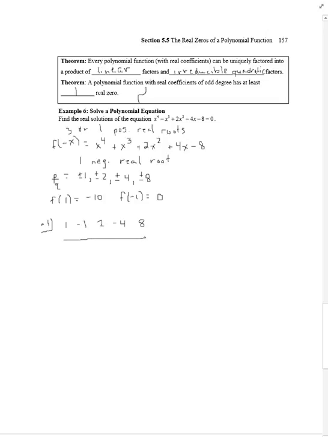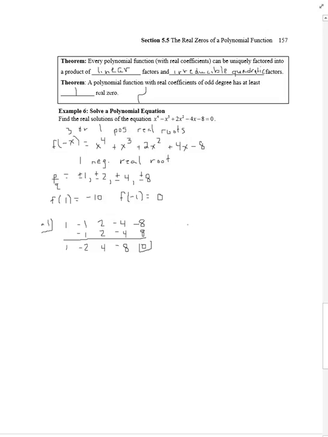And if we do our division, we have 1, multiply, add, multiply, add, multiply, add, that should be a minus 8, multiply, and add, so we get a remainder of 0.